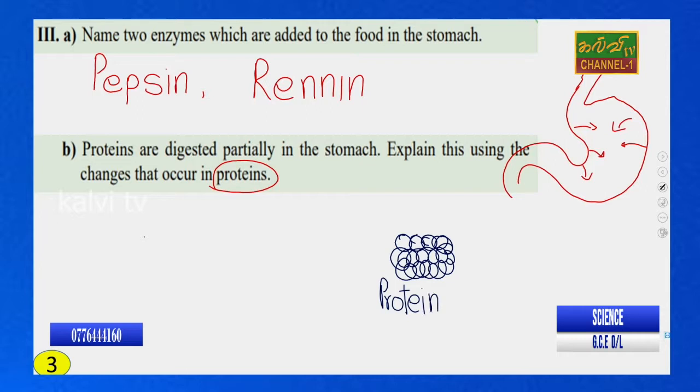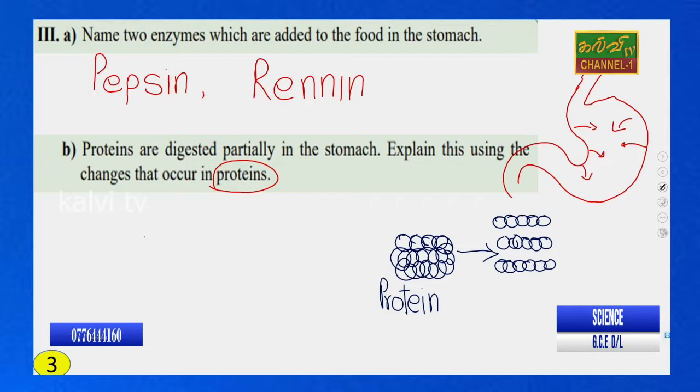The basic structural unit is amino acids. After that, it is changed into chains, simple chains from the complex one. Just for your study purpose, I have mentioned it like this.